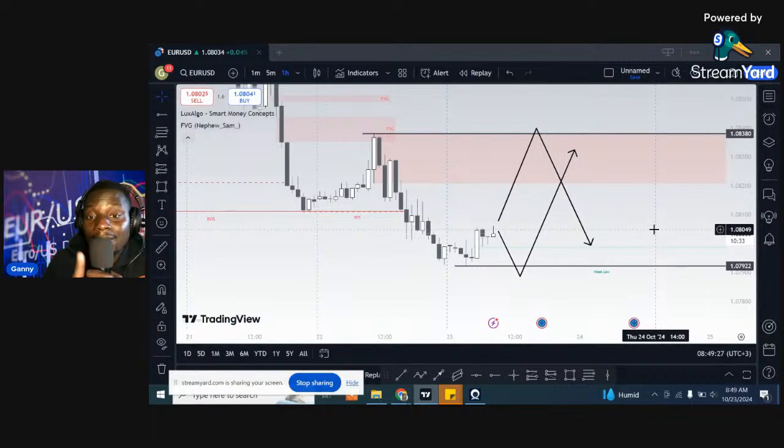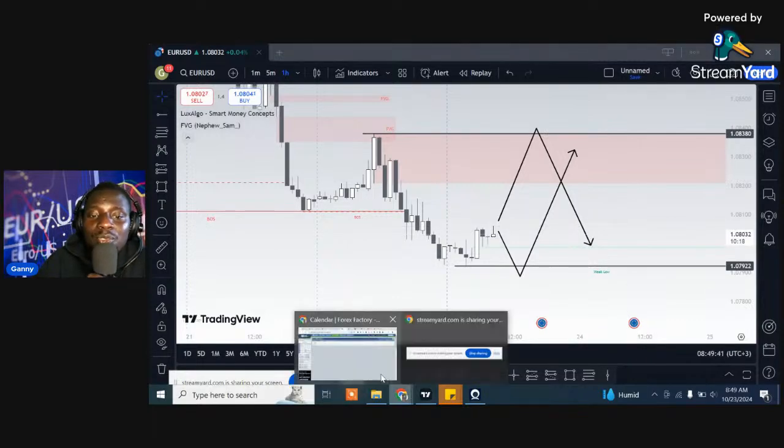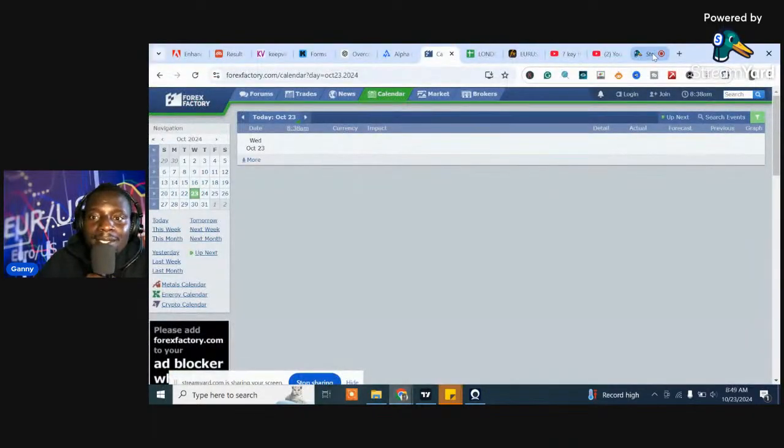This is a key thing, guys. If price doesn't get to either of these levels, either this level or this level, I'm not taking a trade for the day. So these are the kinds of rules you need to incorporate into your trading so that you stay on top of your game, guys. If you do not do this, I'm telling you, you will not turn profitable.